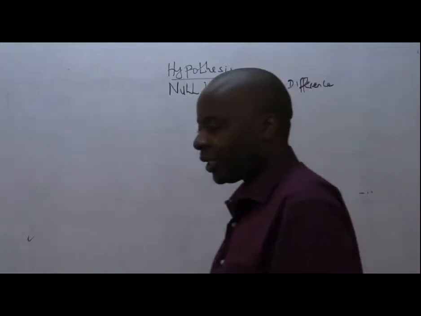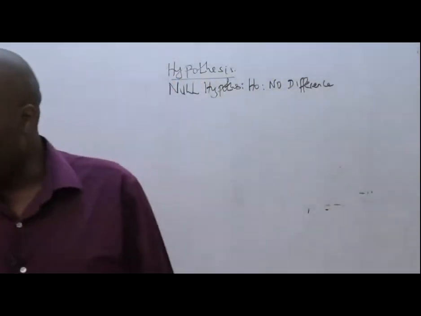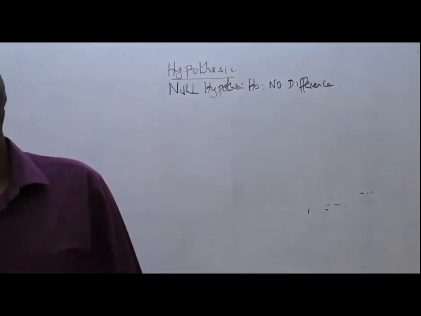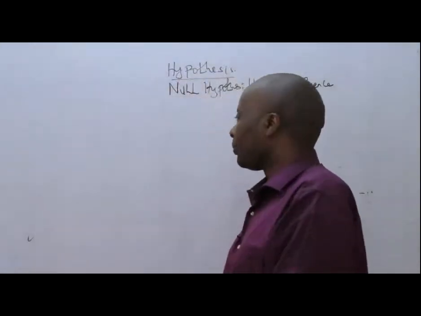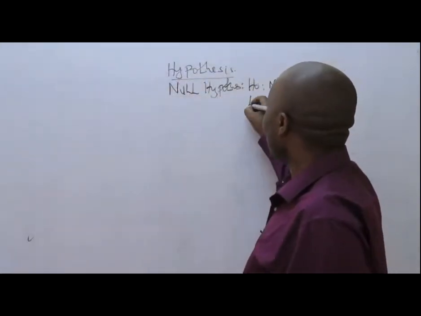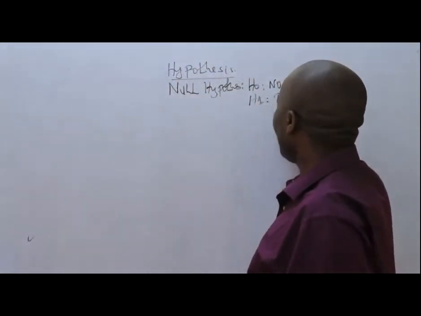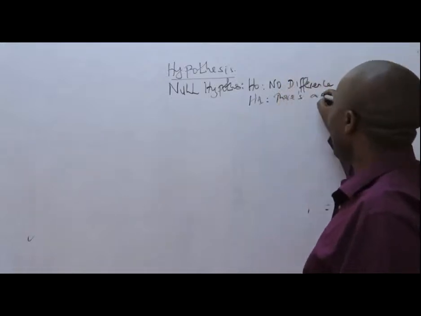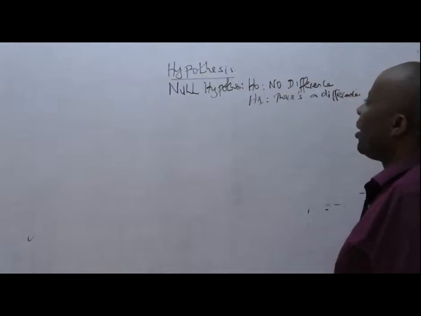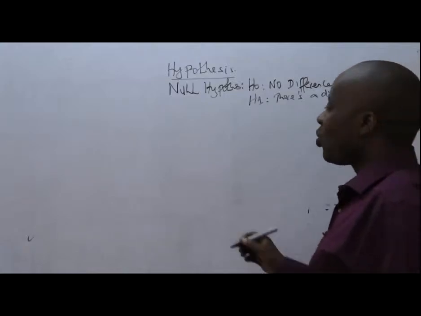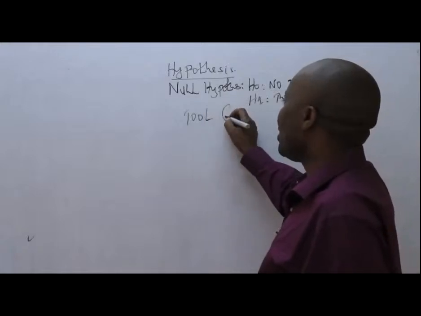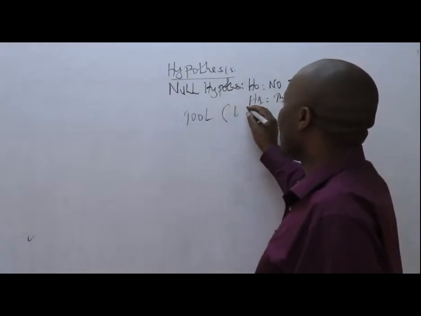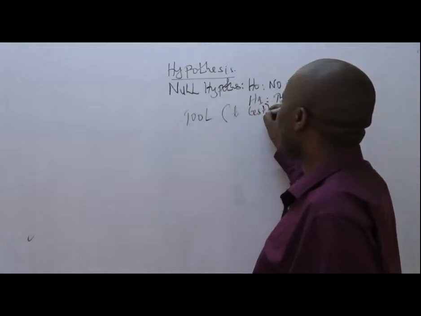And then number two, we imply that there is a difference. So H1, the alternative, is that there is a difference. Now, after that, we go to the tool. These are 6 pairs, so it is a t-test.